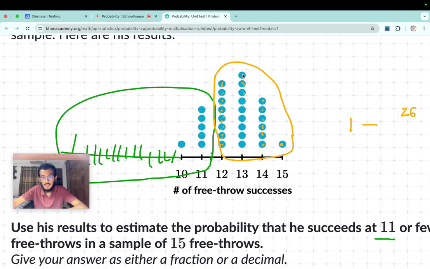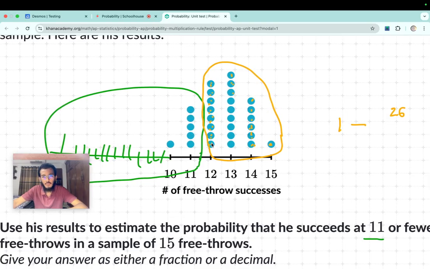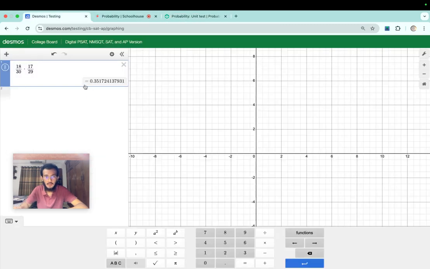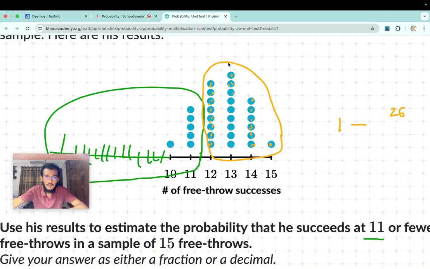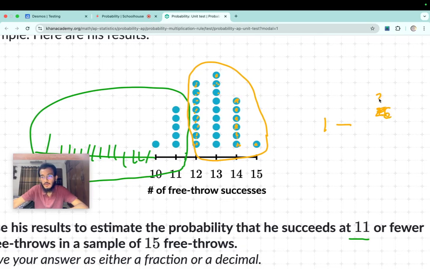So 8 plus 8 is 16, right? Yeah. So 17, 18, 19, 20, 21, 22, 23, 24. Okay, so 24. But why was it 26 the first time? Oh, this was 6. That's the reason.